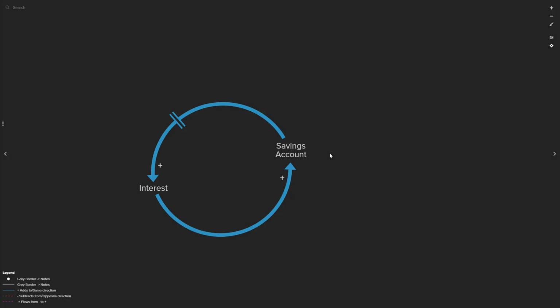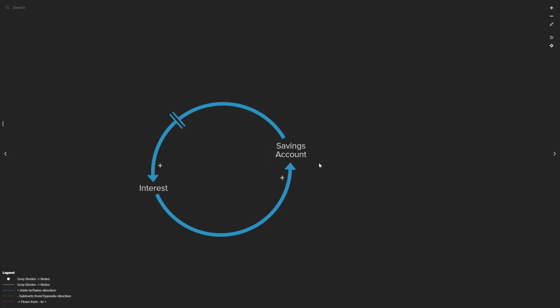Now, notice that I've said that interest changes in the same direction as the savings account, but the interest adds to the savings account. These two entities in this relationship are actually different kinds of things. The savings account is a quantity of something that accumulates over time.